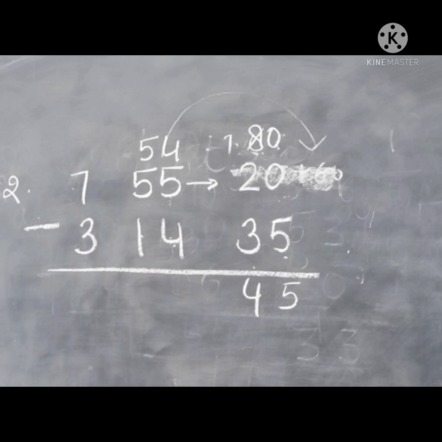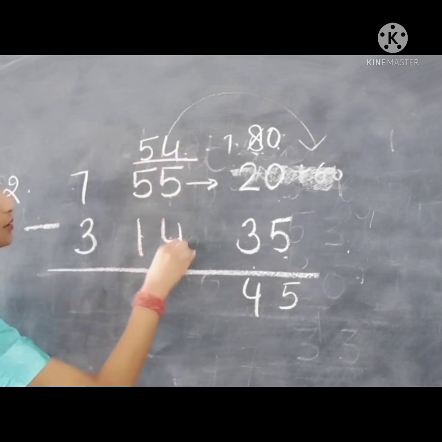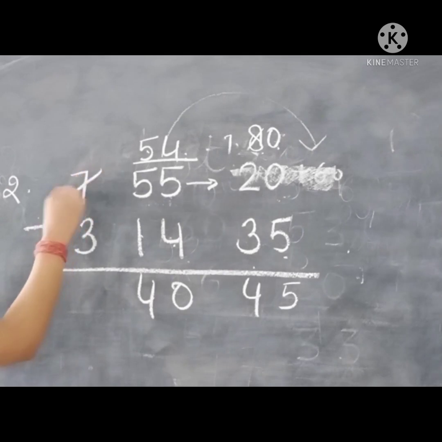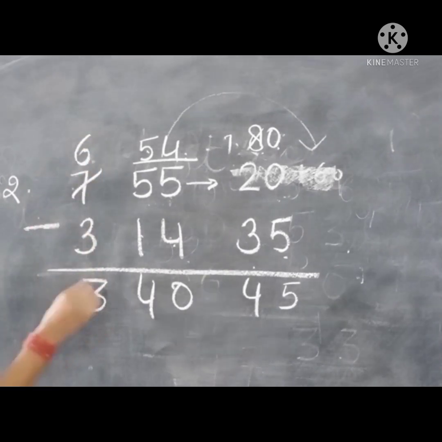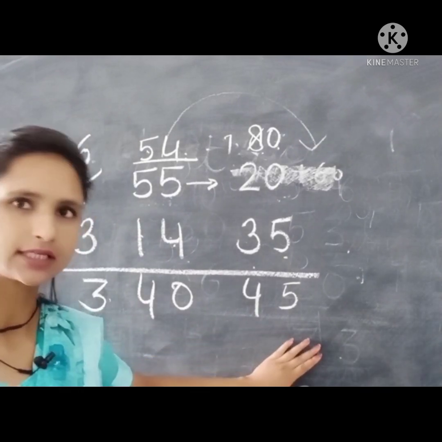Now we have to subtract 14 from 54. We can easily subtract 14 from 54: 4 minus 4 is 0, and 5 minus 1 is 4, so 40. Now move to the hours column, subtract 1 from it, 6 minus 3 is 3. So it is 3 hours 40 minutes and 45 seconds.